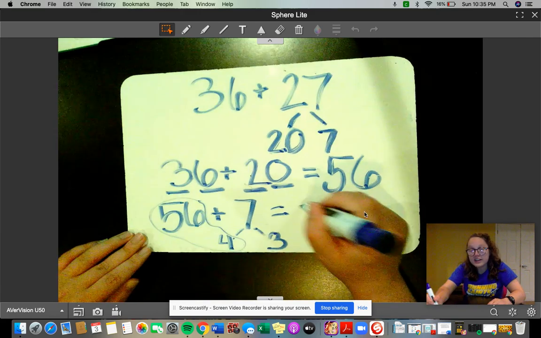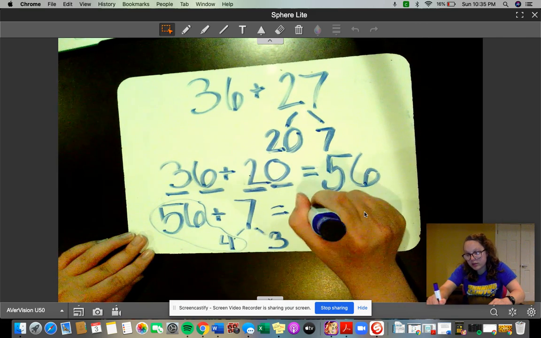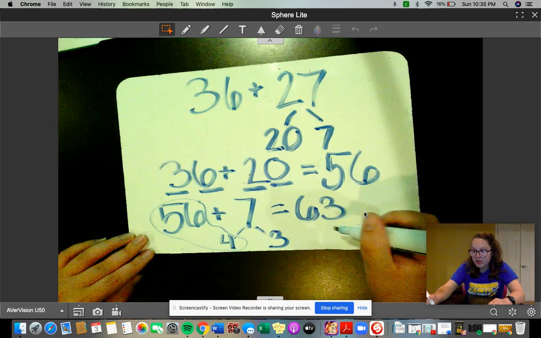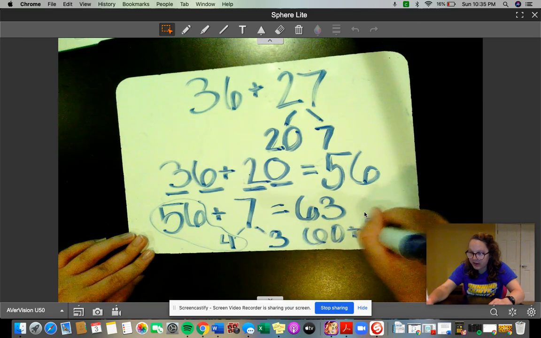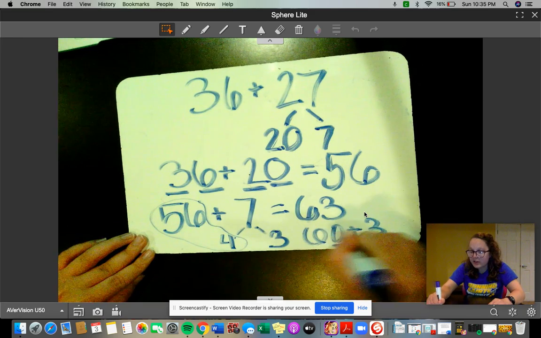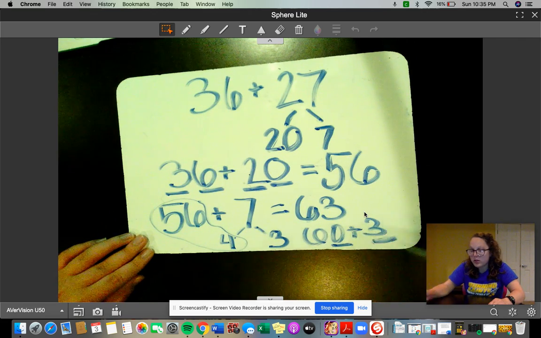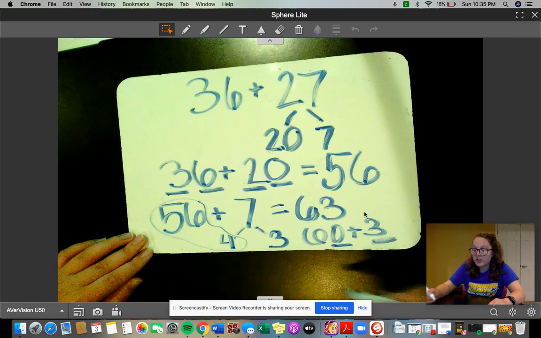And 60 plus 3 is going to give me 63. Because when I add 60 plus 3, I have 0 in the ones place, and I'm adding 3 to the ones place. So I get 63.